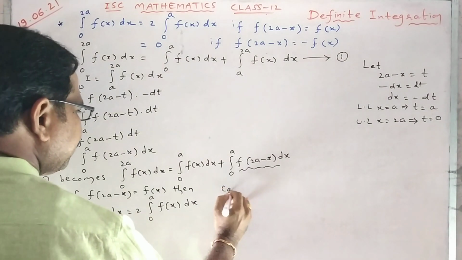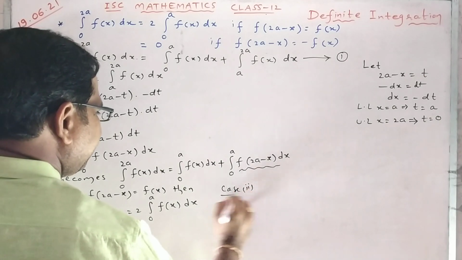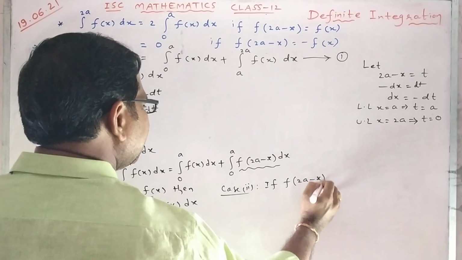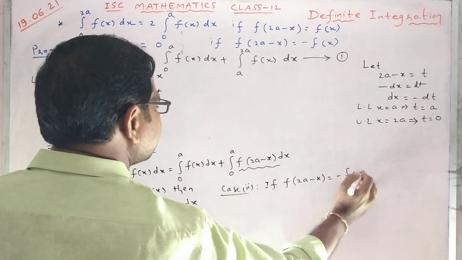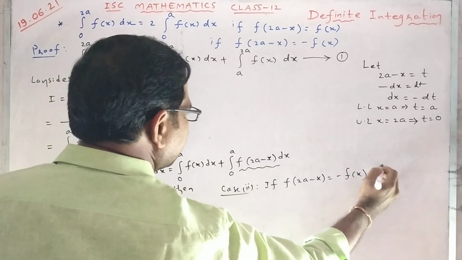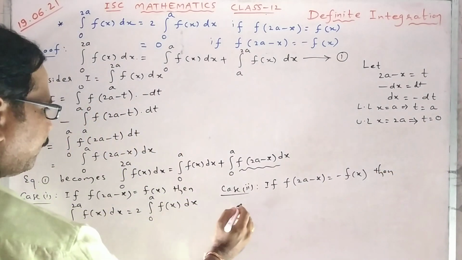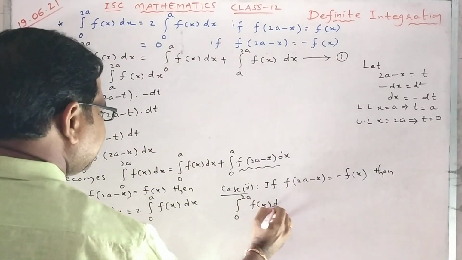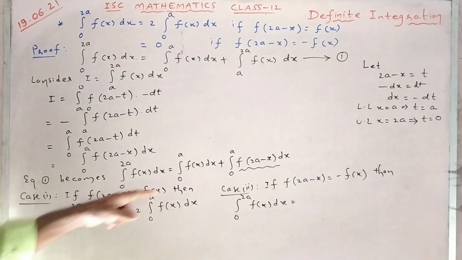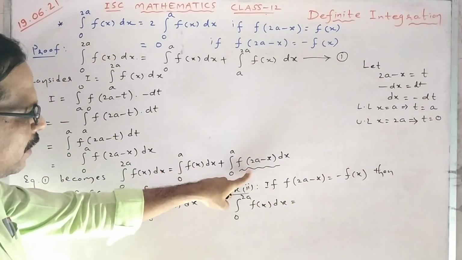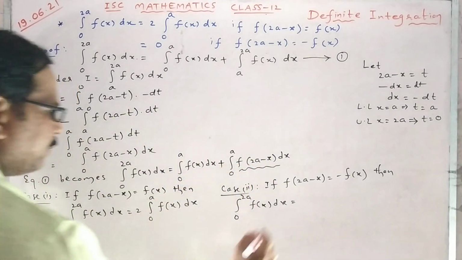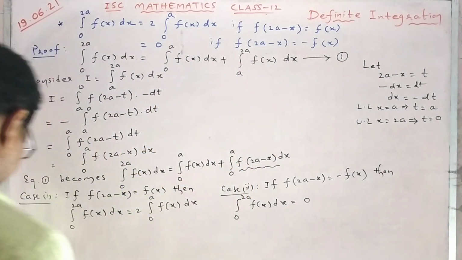Case 2: if f of 2a minus x equal to minus f of x, then integral 0 to 2a f of x dx equal to, in the place of this if you write minus f of x, what happens? f of x minus f of x becomes 0.